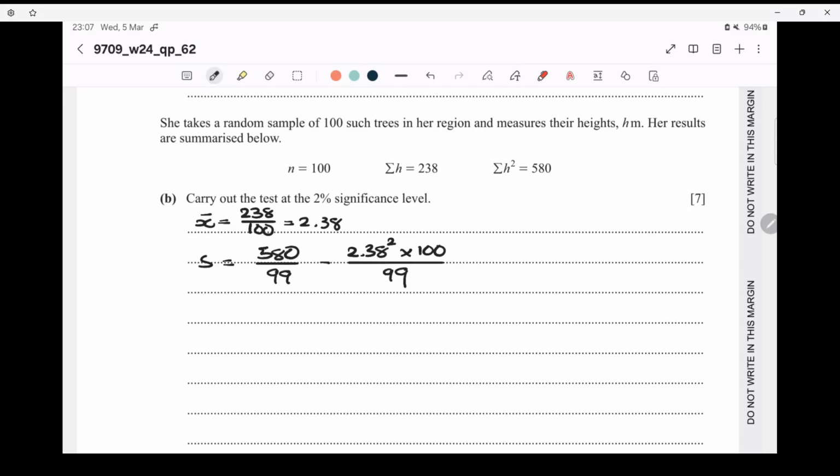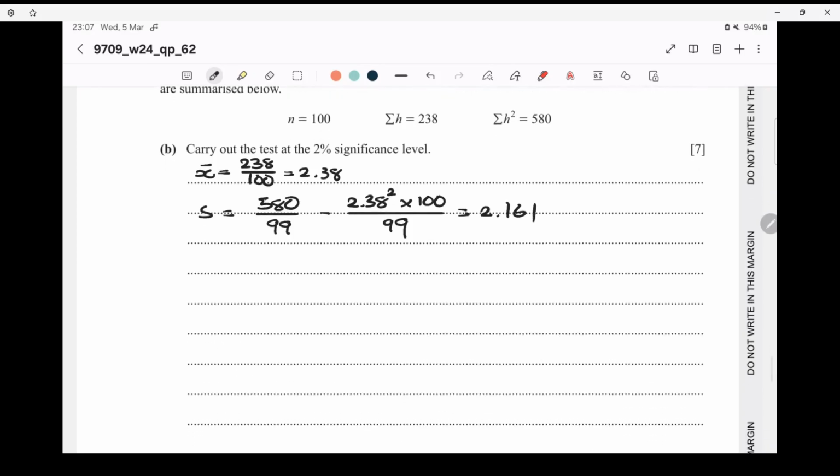Alternatively, you can write 238 squared divided by 100 and then multiply with 1 over 99. Those should give you the same thing. So this is 2.161.